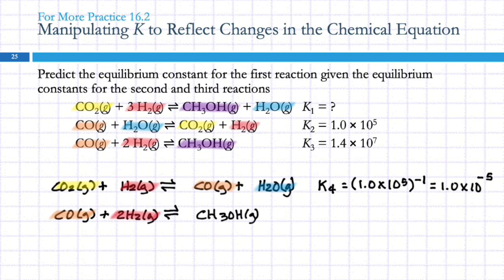Did I do anything to that equation? Did I change it in any way? No, I didn't. So nothing happens to the equilibrium constant. It stays the same as it was before.